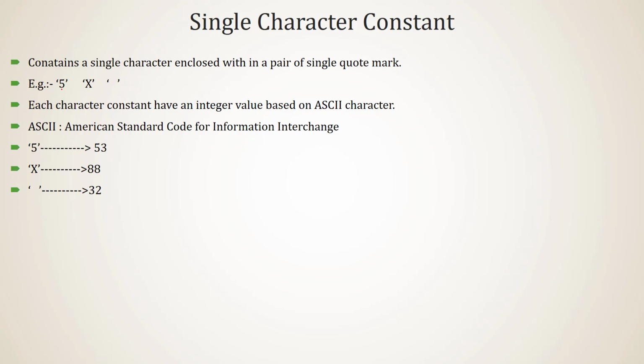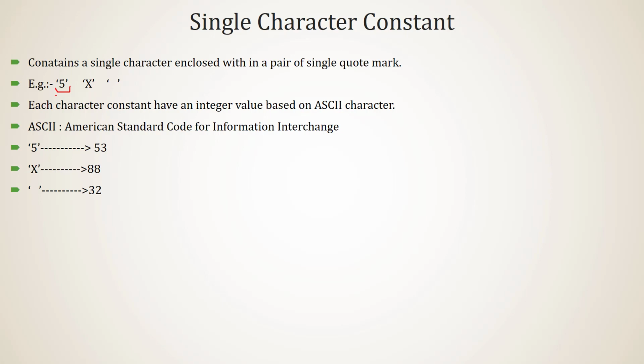So for this 5 within single quotes, which is a character constant, we have an equivalent ASCII value. If I store this character 5 in memory, that equivalent integer will be stored in memory.